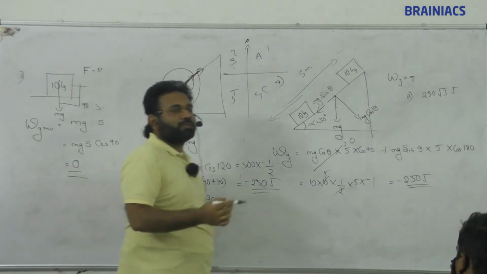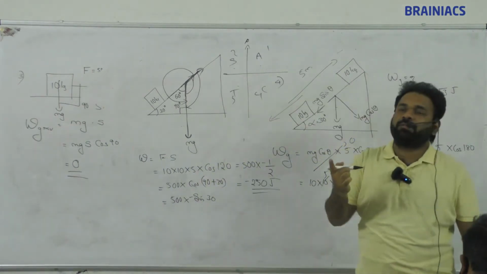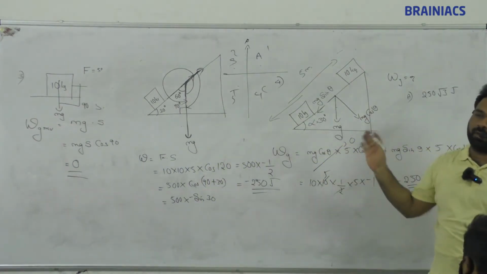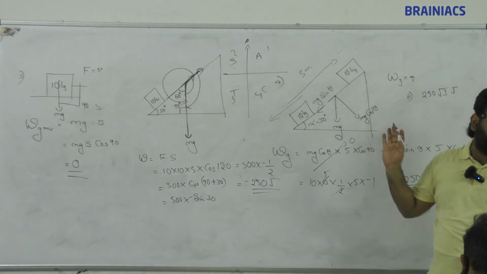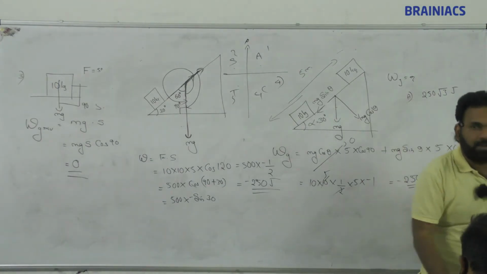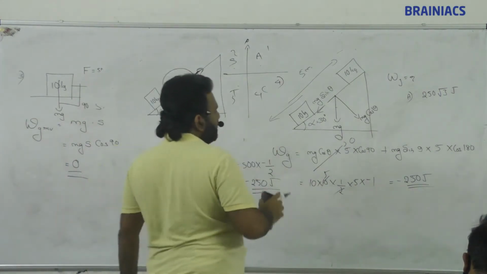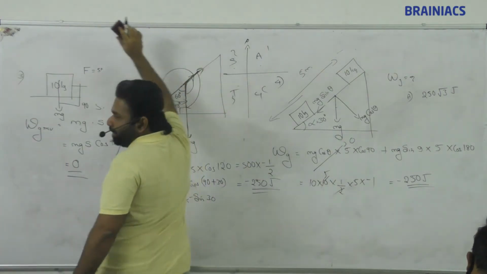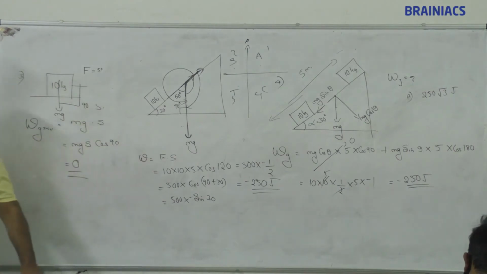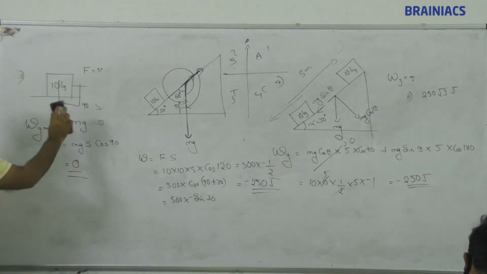Always choose the smaller angle. In the vector basics we have discussed, choose the smaller angle. Correct or what? Any confusion? Done? Clear? Fine. Same question, we'll do it again. We'll draw it again. Okay, this is clear?